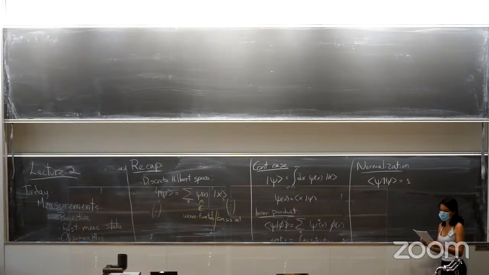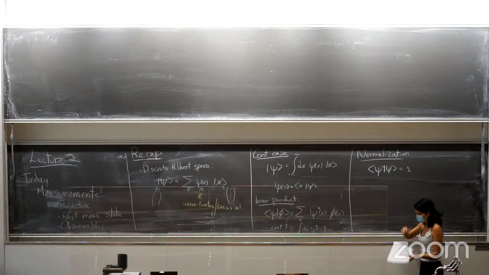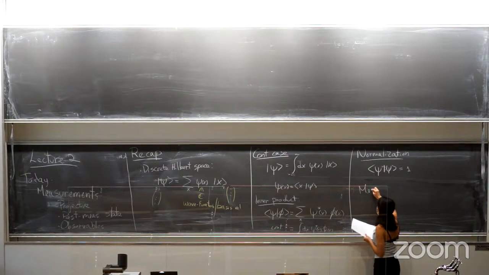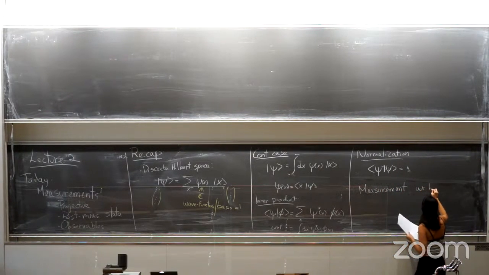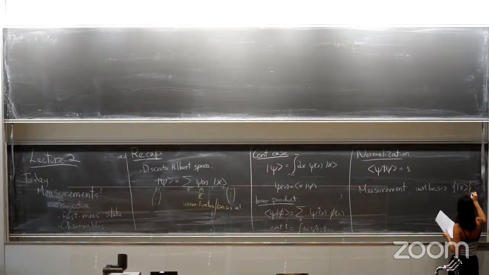The last thing we said yesterday, and that we'll do a bit more of, was this rule for when we measure something with respect to a basis. We take a quantum state, which we'll talk about how to prepare in a lab, and we say we want to measure it in some basis x.